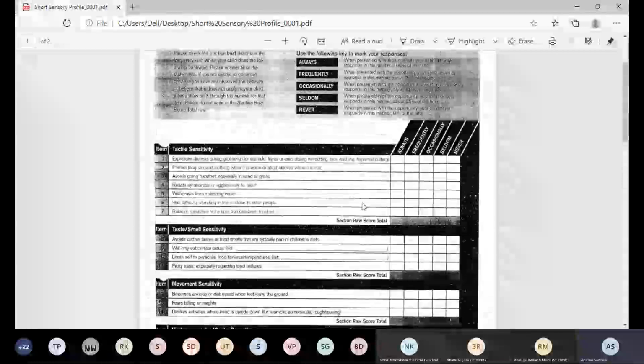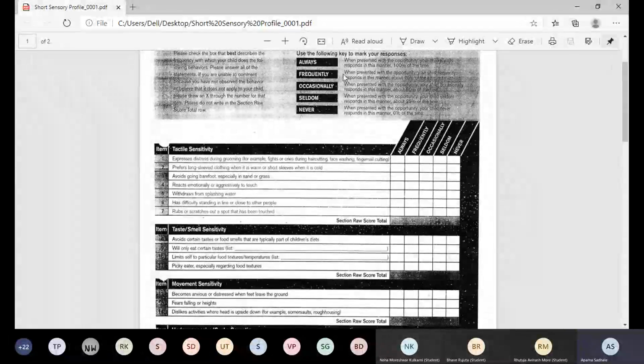Okay, here it talks about what is always. So it says when presented, let me get my own sheet and then we'll read it. Give me a minute.